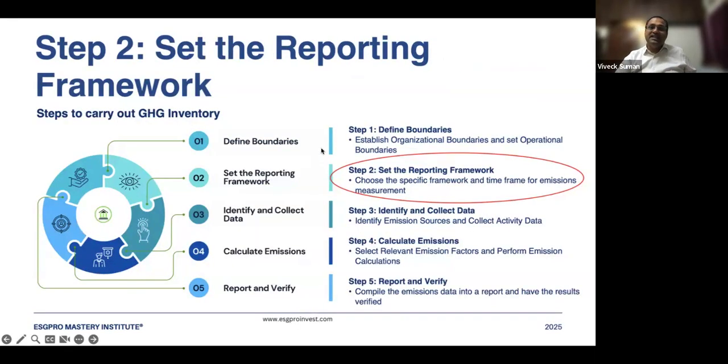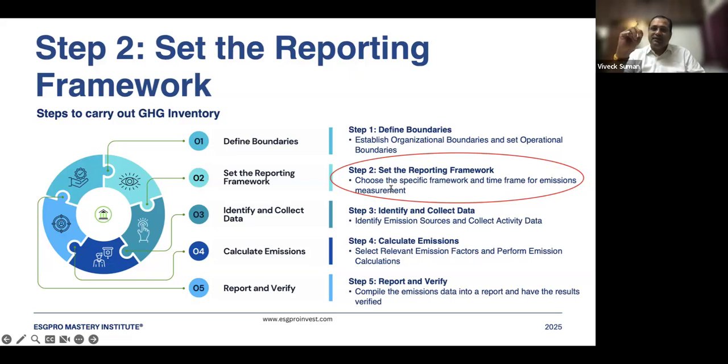Step number 2 is setting the reporting framework. Always remember that there are 2 things which you will consider whenever you will set the reporting framework. Whether you are using GHG protocol, you want to use ISO, you want to use PAS 2050 or anything else, there is a mixture of 3 things which will come into play and 2 things will remain constant.